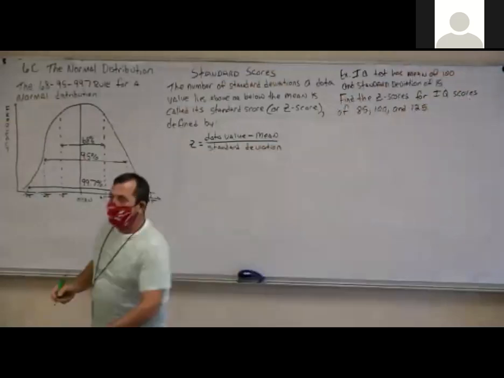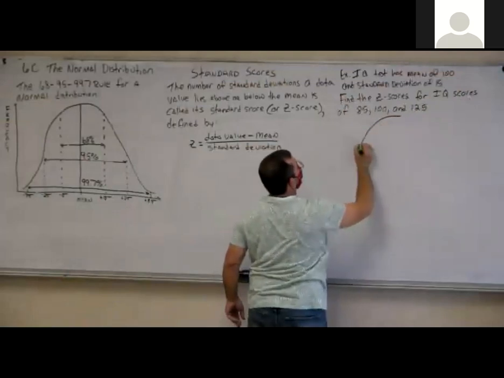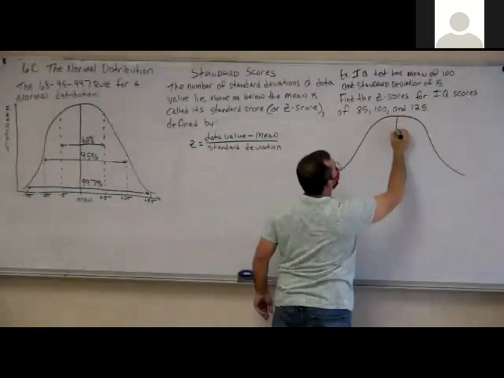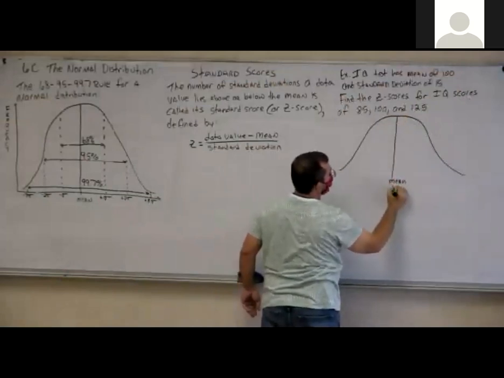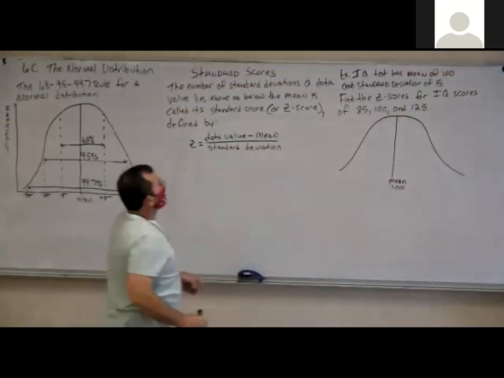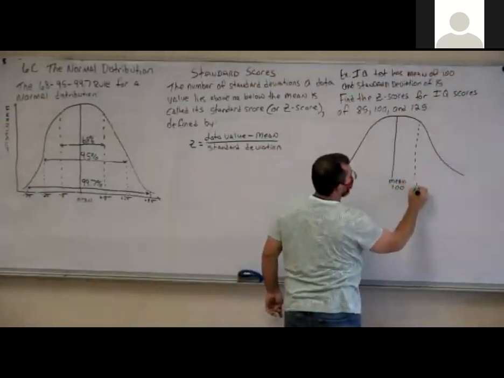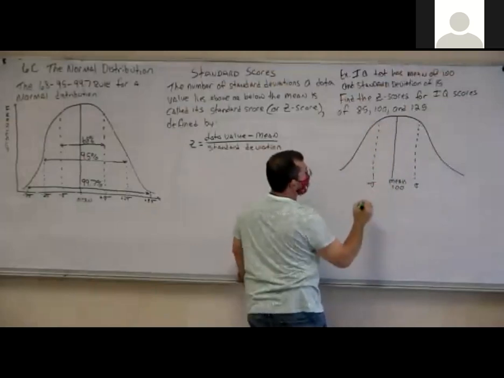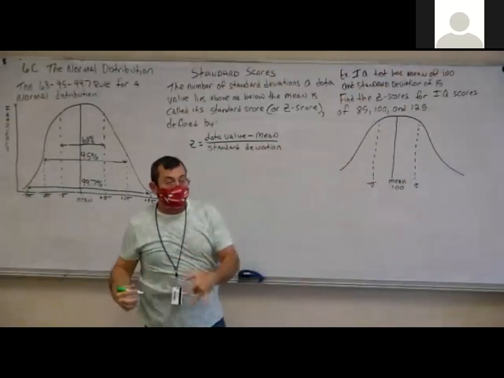So think about this. I've got a bell curve sitting here, and they're telling me that my mean is 100, right? And then this would be my one standard deviation, minus one standard deviation. And remember, the standard deviation is 15 on this one.